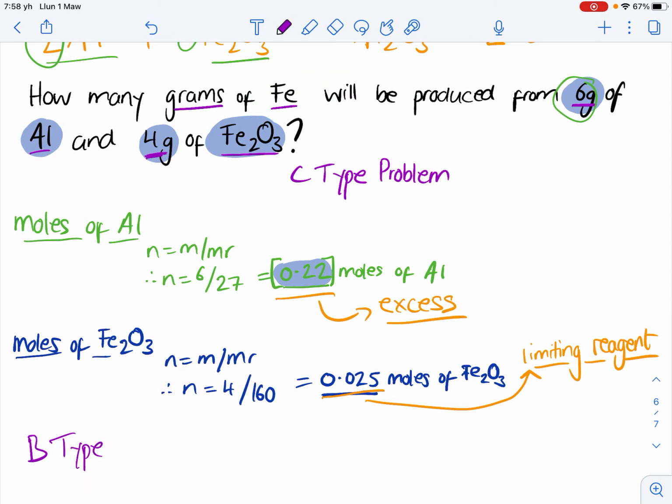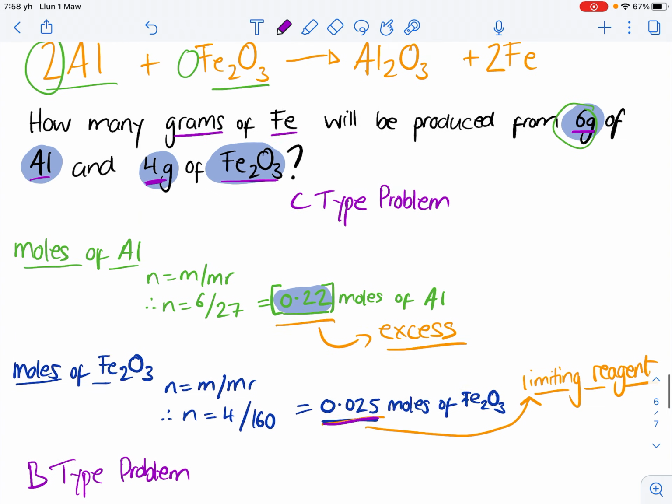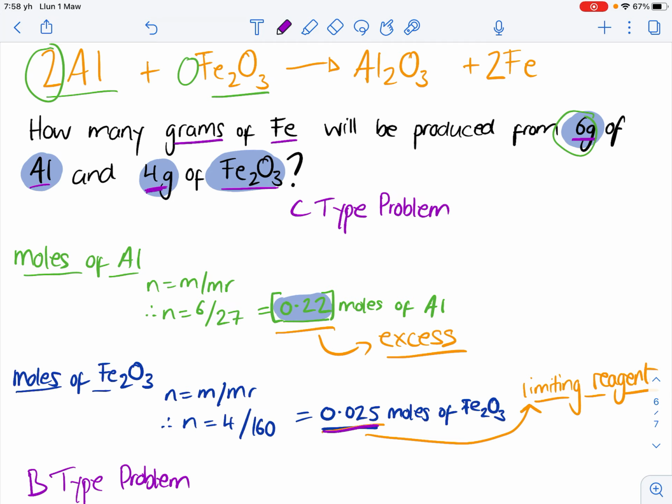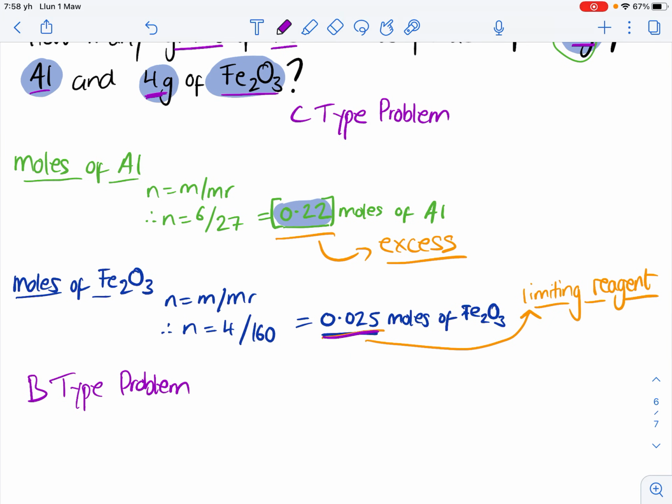Why is it a B-type problem? Because I have the number of moles, which is 0.025, and I'm being asked to work out the mass of iron. Okay, so what we're going to do here, we take the moles of iron oxide, 0.025.